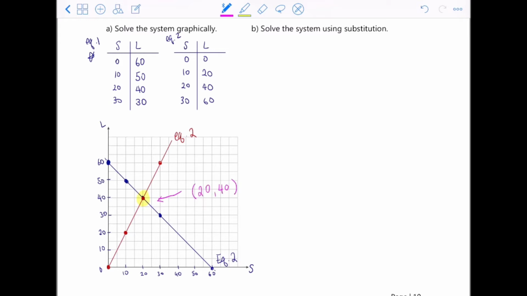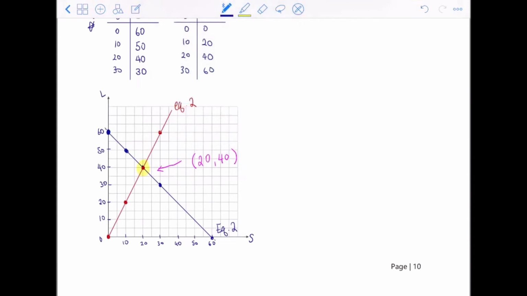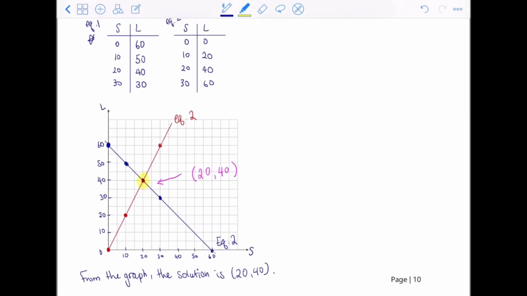Okay, so we solved the system graphically. We do have to state here, from the graph, the solution is 20 and 40 right here. We also have verified it right here: 20, 40, and they're both common in each table of values.